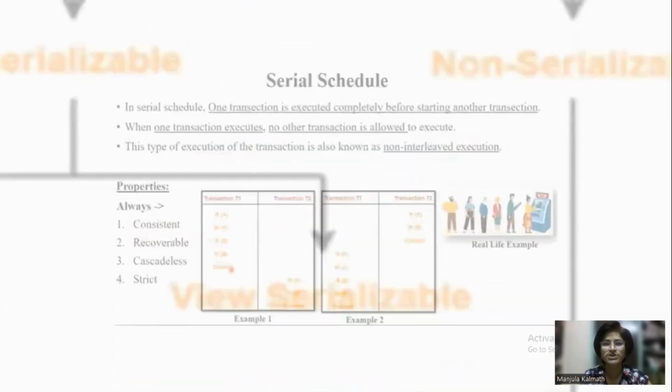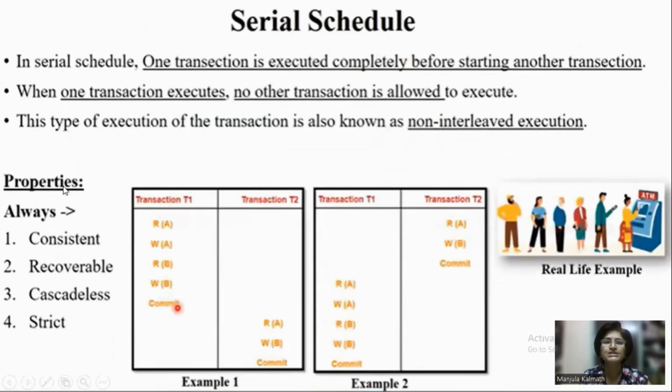So further classification: a serial schedule is one after the other, where one transaction completes and only then the next one starts. Otherwise, with T1, T2, T3, T4, any transaction may start its execution only after completion of the previous one. So it always gives confirmation of these properties.